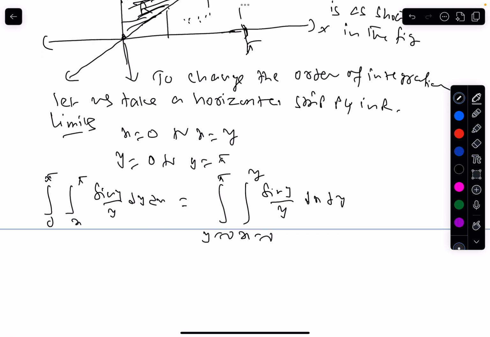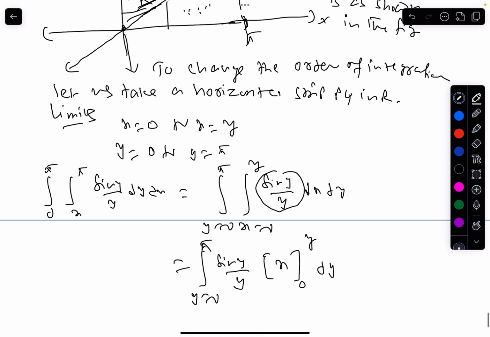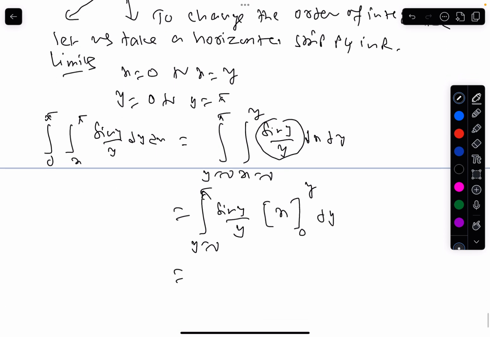Now y is constant, so this part is constant. So y is 0 to pi, sin y over y, integration is x from 0 to y, dy. So y equal to 0 to pi, sin y over y, this is y dy.